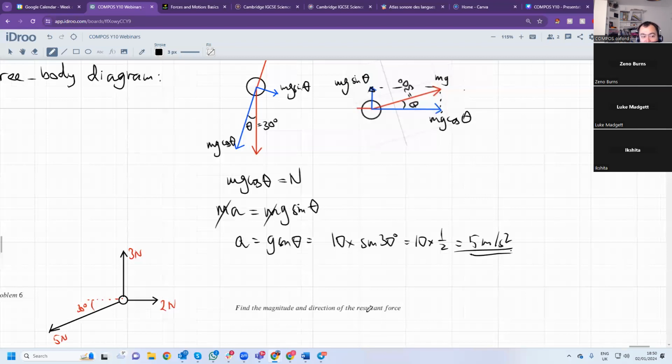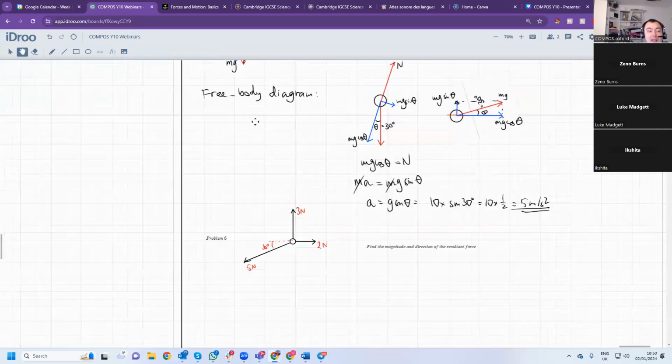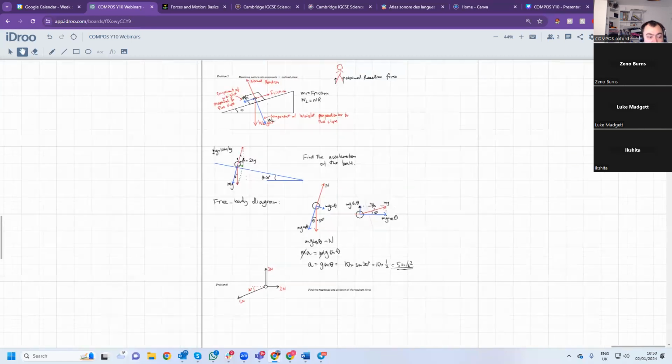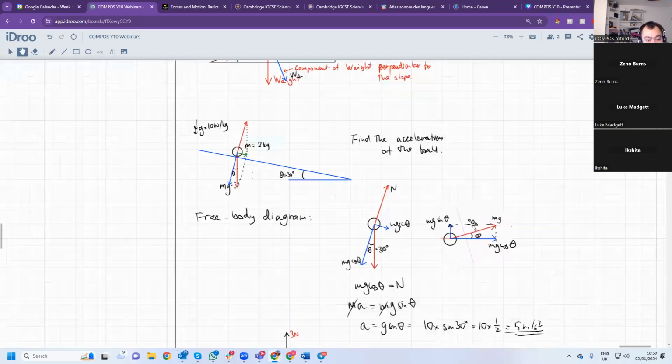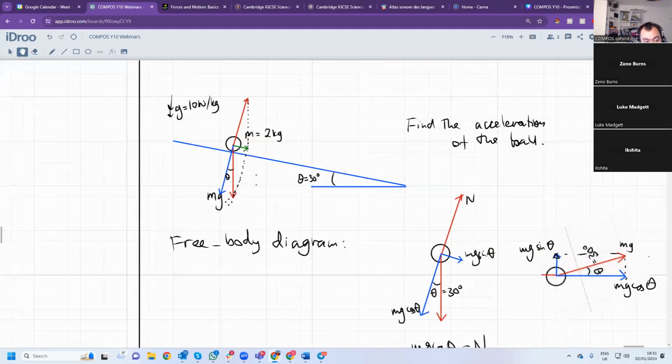Okay. I know it's a lot to take in, but don't worry. I'm just demonstrating to you where this is used. So you can find the acceleration of a ball sliding down a slope by breaking down mg, the weight of the ball, into components along the slope and perpendicular to the slope.